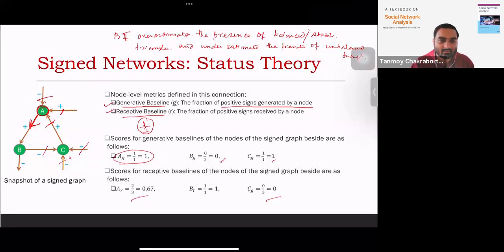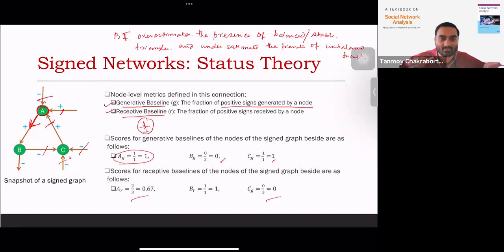It indicates that the node feels that it is inferior to most of its neighbors, because the generative baseline is high. That means the node has produced a lot of positive links, whereas the receptive baseline is lower, meaning that other neighbors also think that this guy is inferior, right?